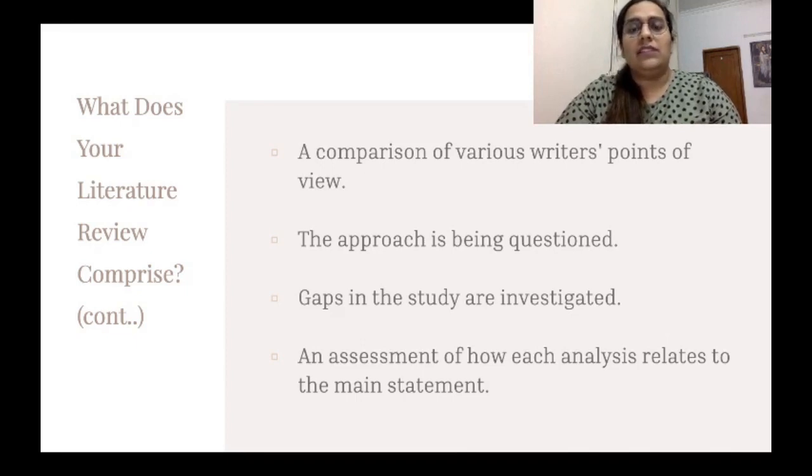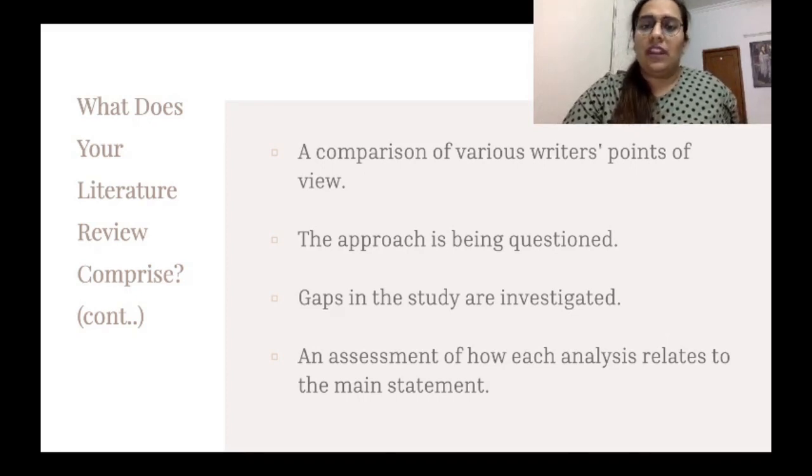These kinds of things are the gap of the study, which you need to investigate in your study. If you want to do the same study, you need to know what exactly the mistake the researcher made in the past, so that you won't repeat the same mistake. So this is basically a gap in the study and how you are going to investigate that study.